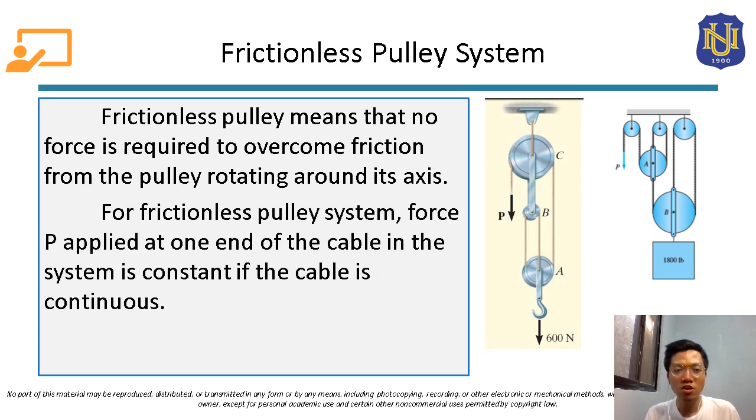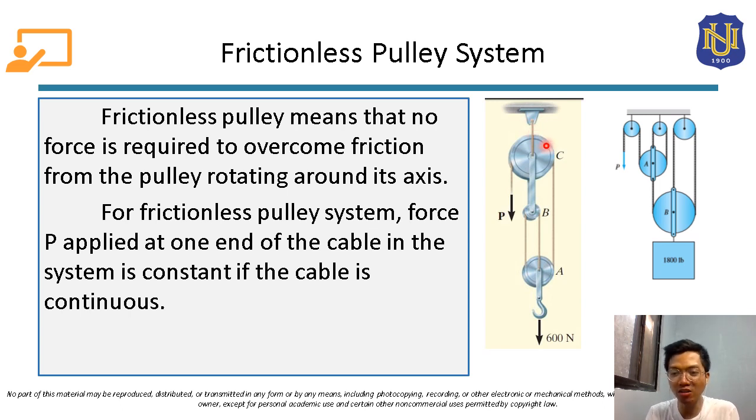And also, for a frictionless pulley system, force P applied at one end of the cable in the system is constant if the cable is continuous. So again, let's say we apply force P here at one end of this cable, and this is put in this pulley.